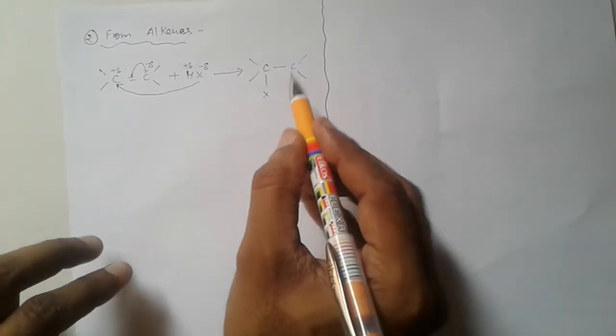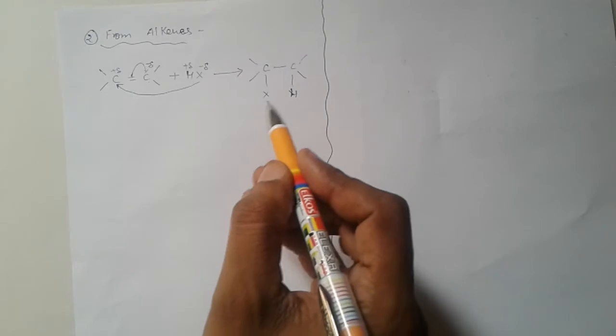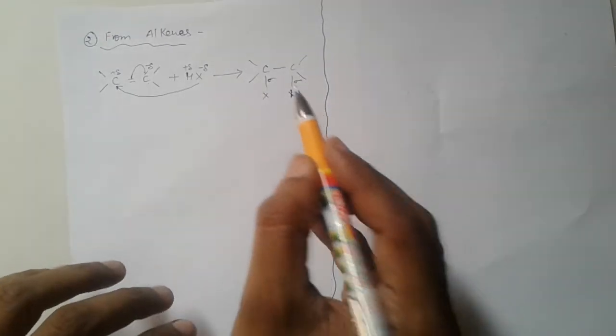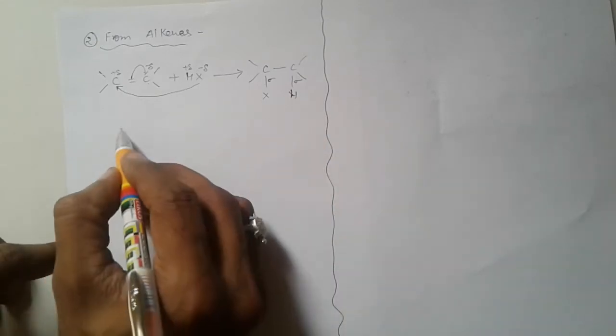It is a haloalkane molecule. Here two sigma bonds are formed.